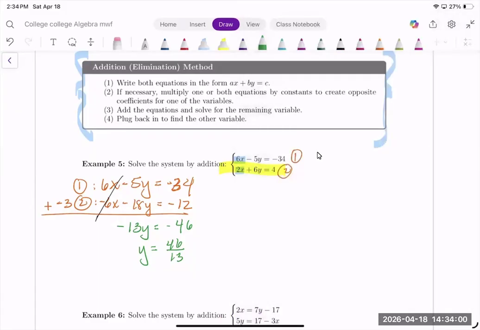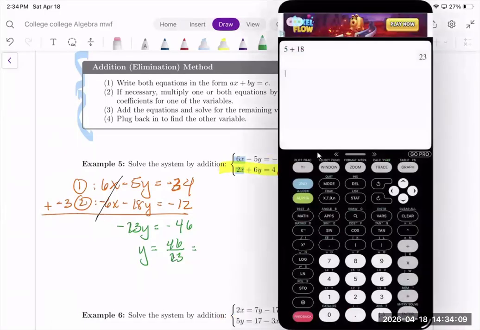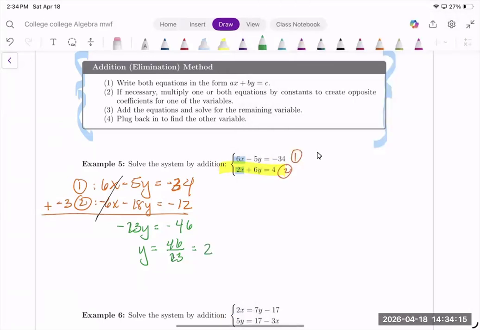Again, y'all are probably screaming at the video, saying that's 23, you dummy. I just knew this felt so weird. Okay, 46 divided by 23 is 2. Yes. That feels better in my bones. Much easier. So now we know that y equals 2.